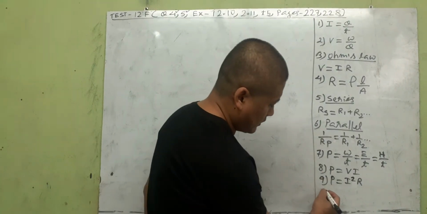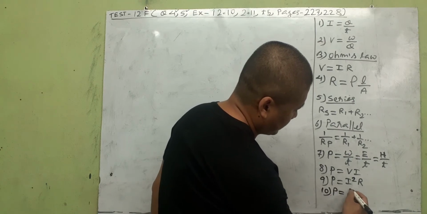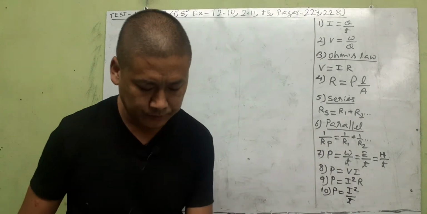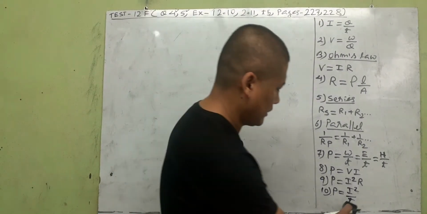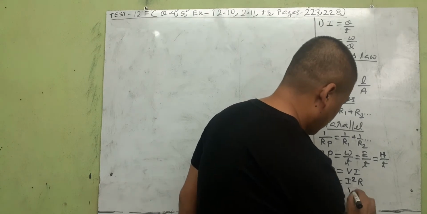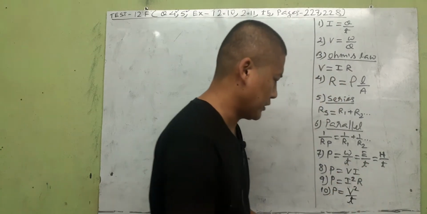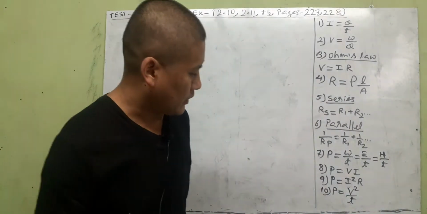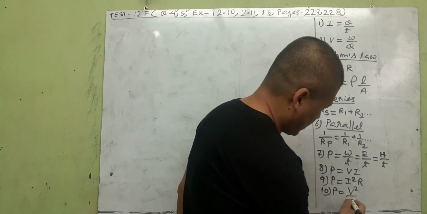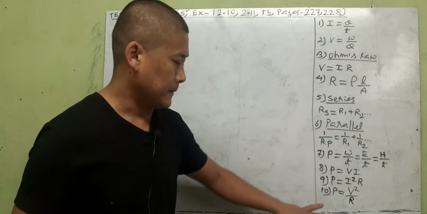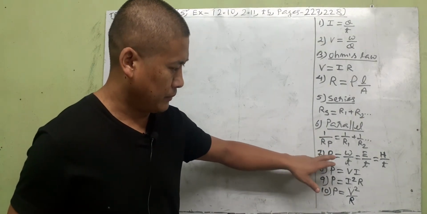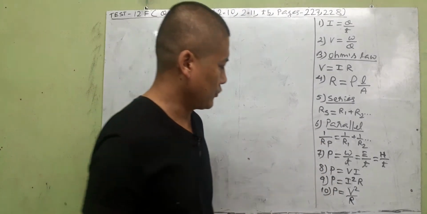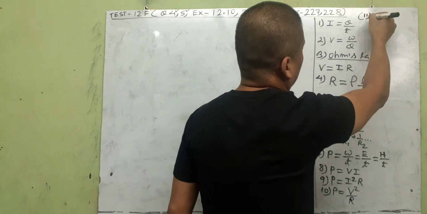Another famous formula for power is V square by R. Potential difference squared divided by resistance. So if you know these main power equations, E by T, V into I, I square R, V square by R, the next 11, 12, 13 are energy equations.